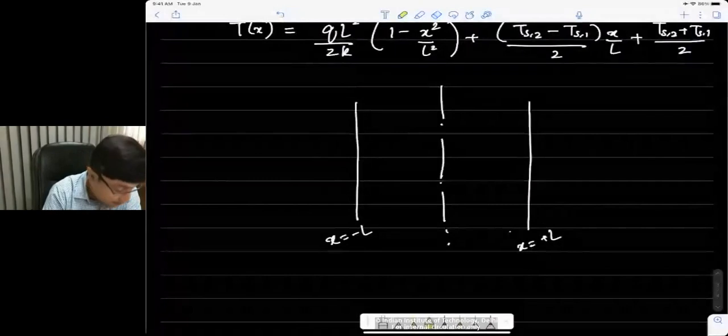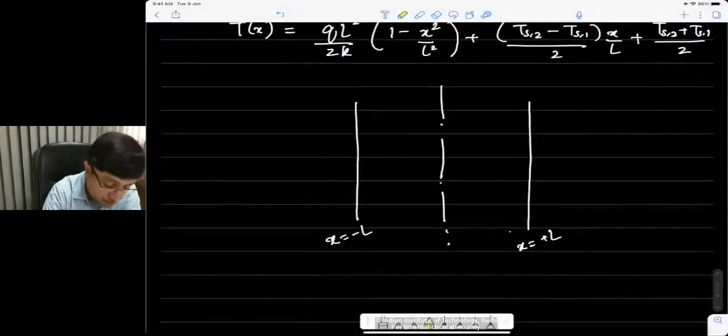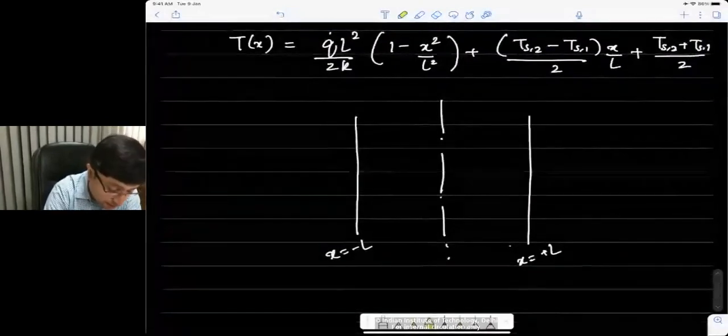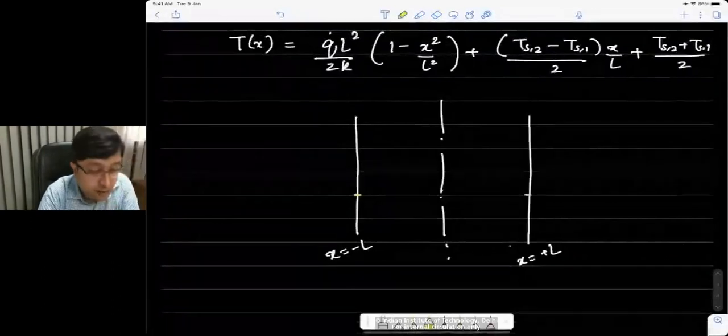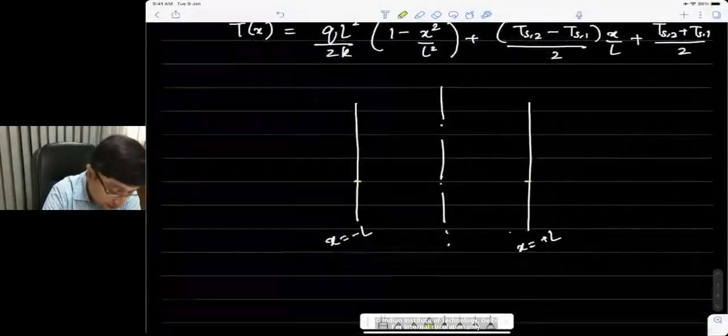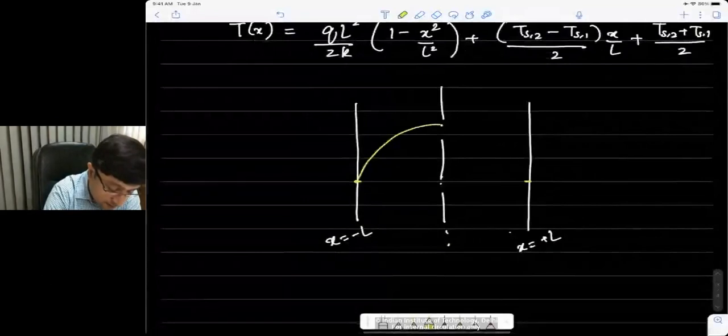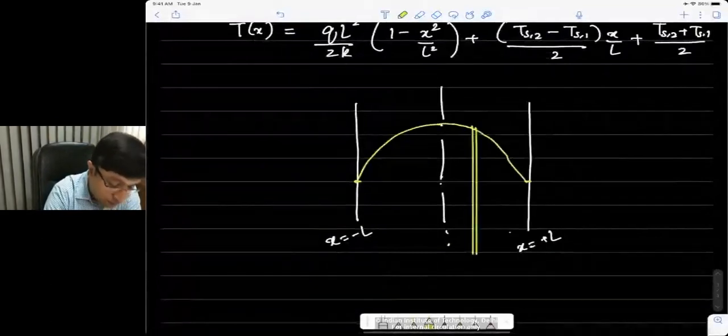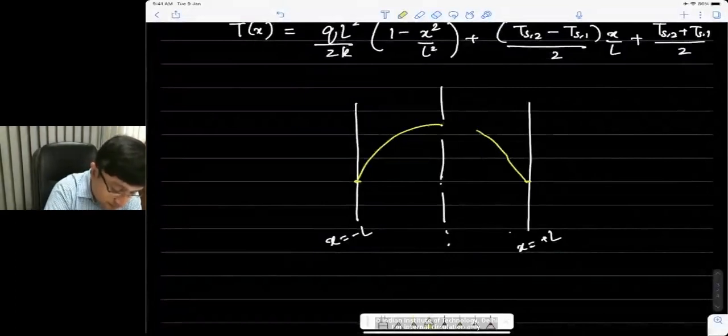So what that would mean is that this temperature distribution would now be symmetric, because now we have geometric similarity in the problem. So we'll have a symmetric temperature profile and symmetry about x equal to 0.